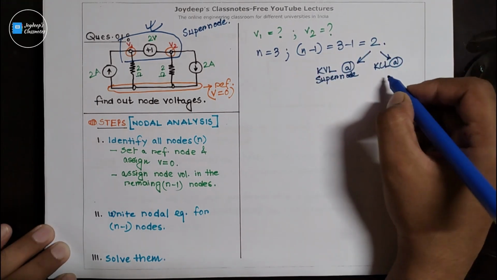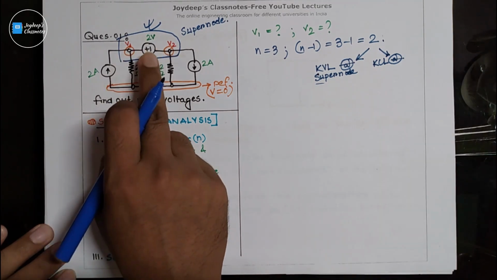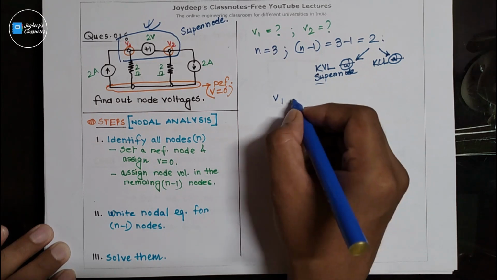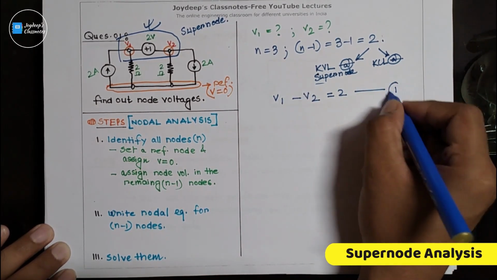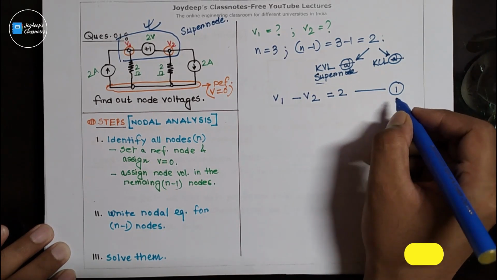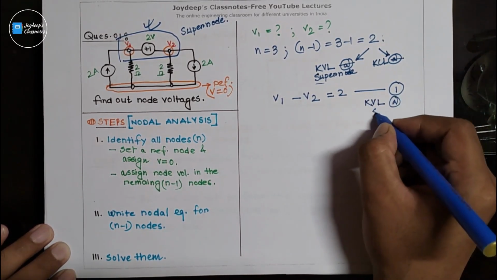Out of these two, one equation we will get by applying KVL at the supernode, and another by applying KCL at the supernode. V1 minus V2 equals 2 volts. That's your equation number 1, and we got this equation by applying KVL at the supernode.